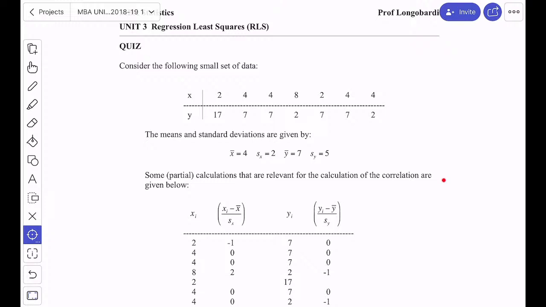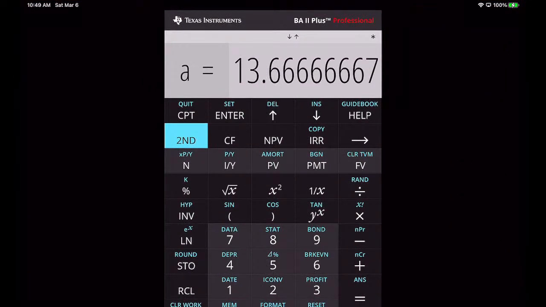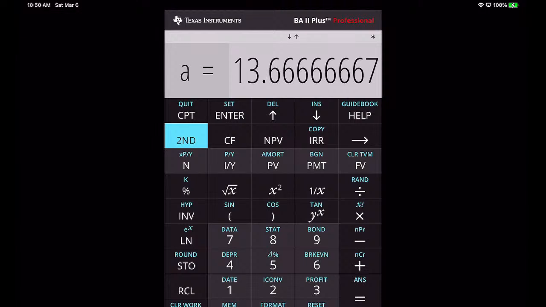All right, so I've asked here for you to complete the table and to hand calculate R. We know R. Let's put our results down. Let me go back to that. A was 13.7. B was negative 1.7. Oh, we'll take 2 decimal places. How about that? So A was 13.67. B was negative 1.67.